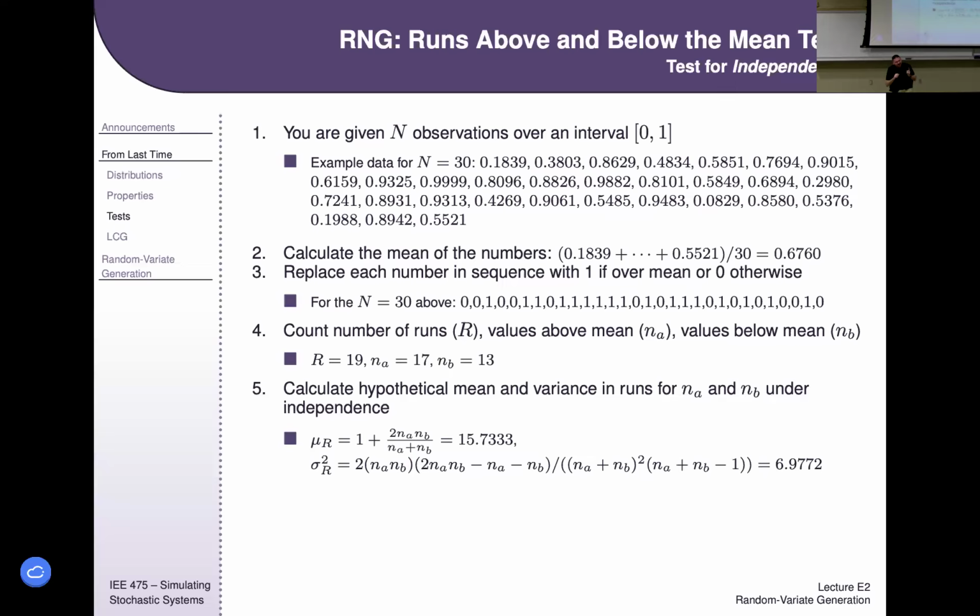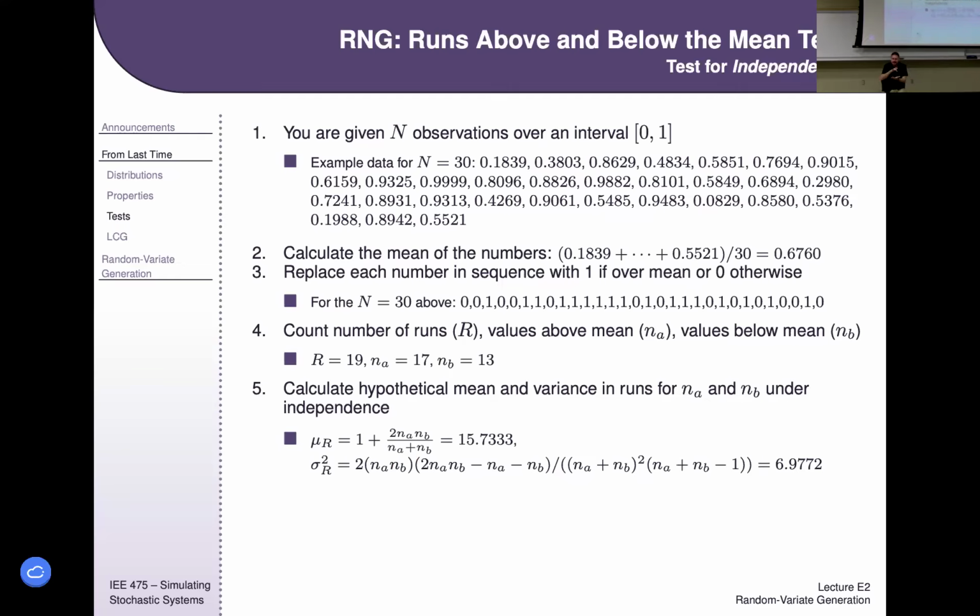They're a little ugly. They make a little bit of sense after you've done this for a while, but initially maybe just write them down on your cheat sheet. The null hypothesis here is that if it's independent, this is the mean number of runs you'd get based on how many heads and tails are in that, how biased the coin is. So on average, we should get 15.7 runs, and this is the variance. So basically, there is a normal distribution of runs.